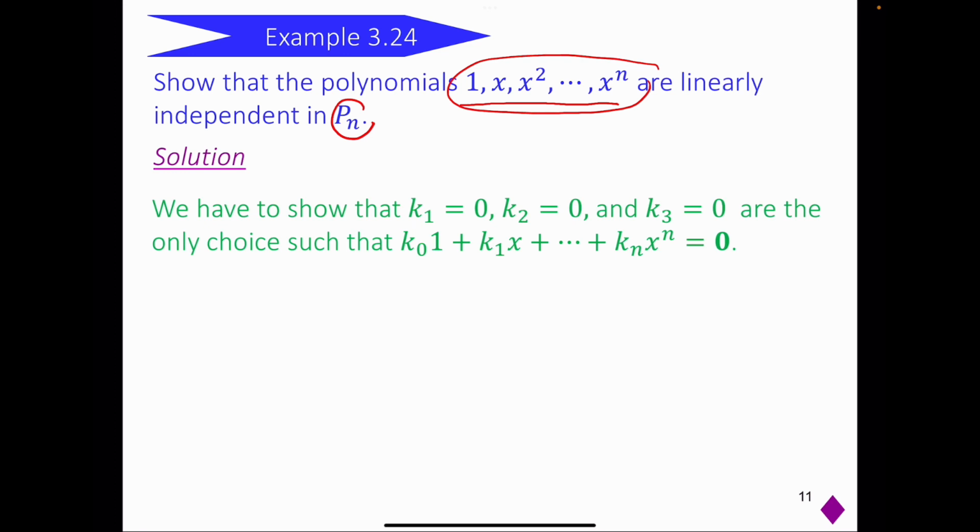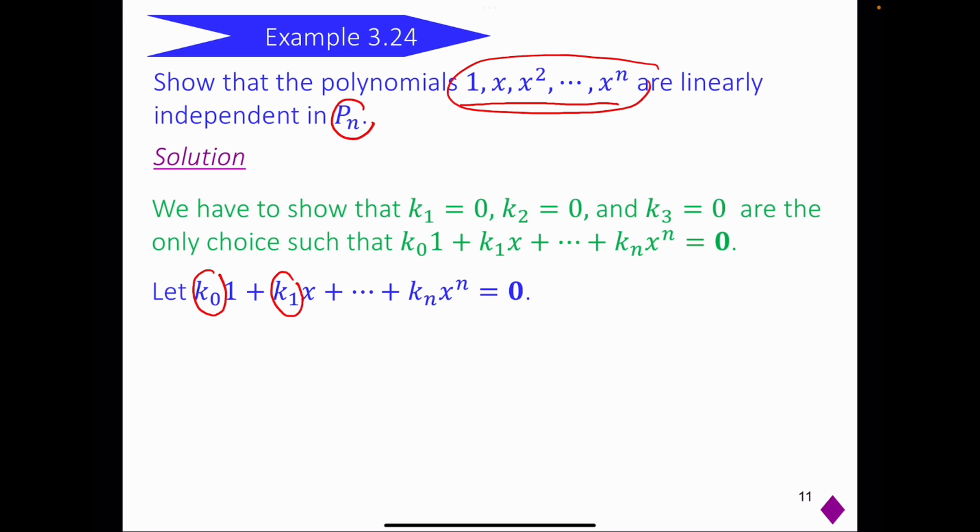Okay, so again, we start by writing K0 times 1 plus K1 x plus up to Kn x^n equal to the zero vector. You may notice here that my first scalar is K0, and then I have another scalar, K1.